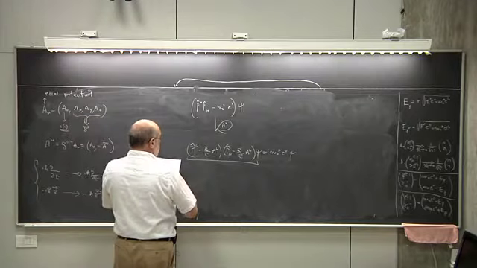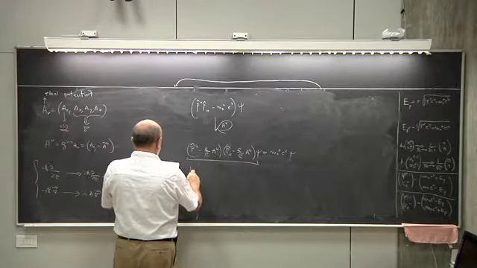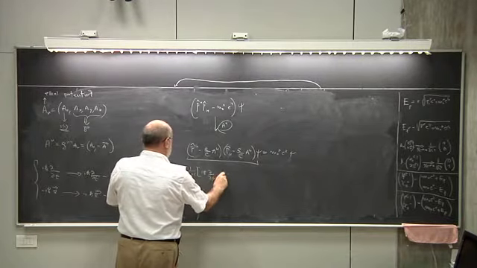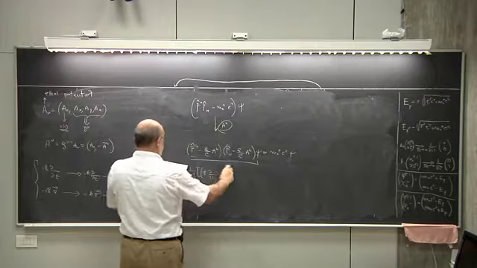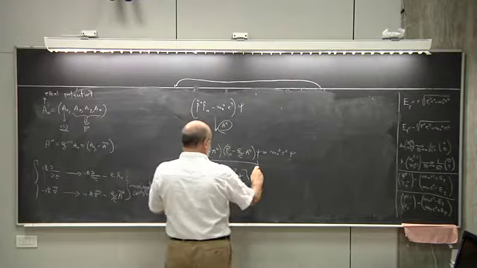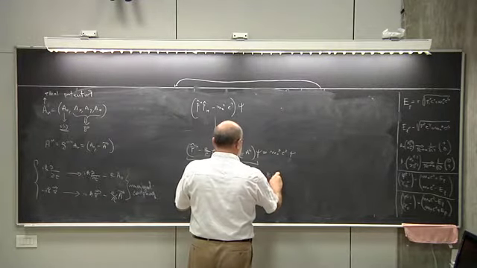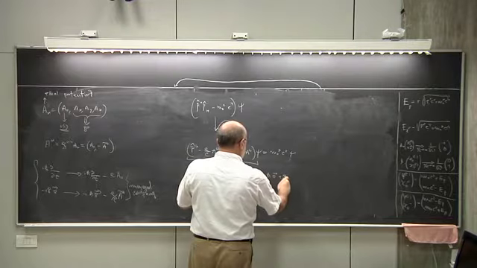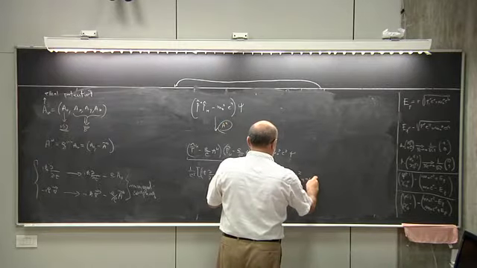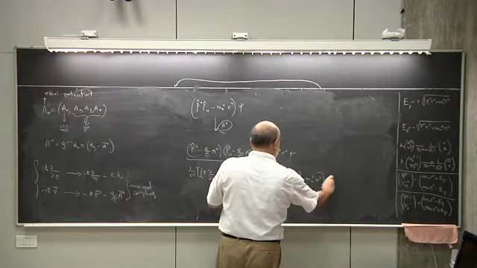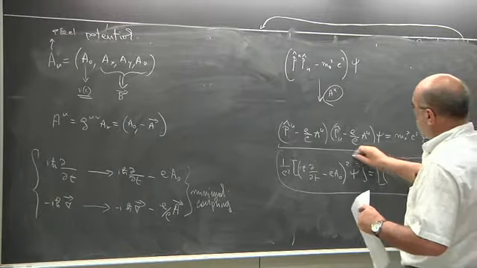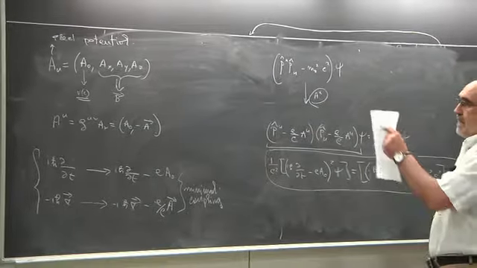So if you work out the components, you get: 1 over C square (iħ d/dt minus eA0) square psi equals ((minus iħ gradient minus (e/c)A) square plus M square C square) psi. So this is the Klein-Gordon equation for a charged particle in interaction with an electromagnetic potential A mu.